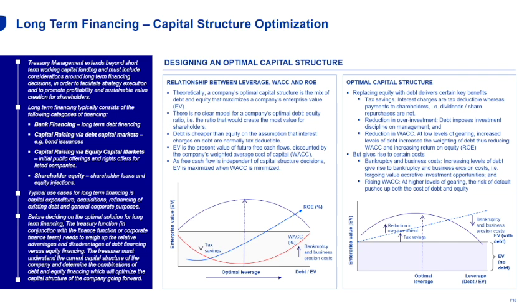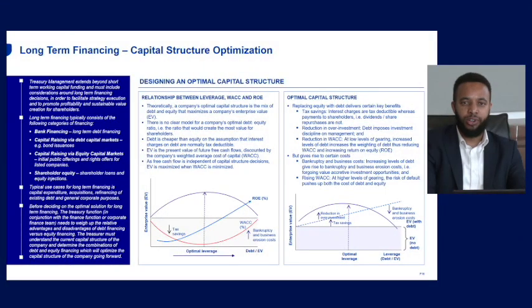Debt is considered cheaper than equity on the assumption that interest charges are tax deductible, and therefore at the right levels of gearing, your weighted average cost of capital decreases, and this has the impact of increasing your return on equity. What I need to emphasize is there's an optimal leverage for you to be able to optimize that capital structure.